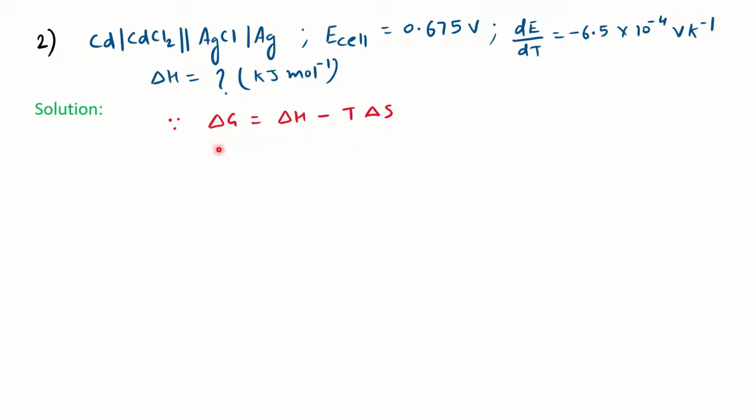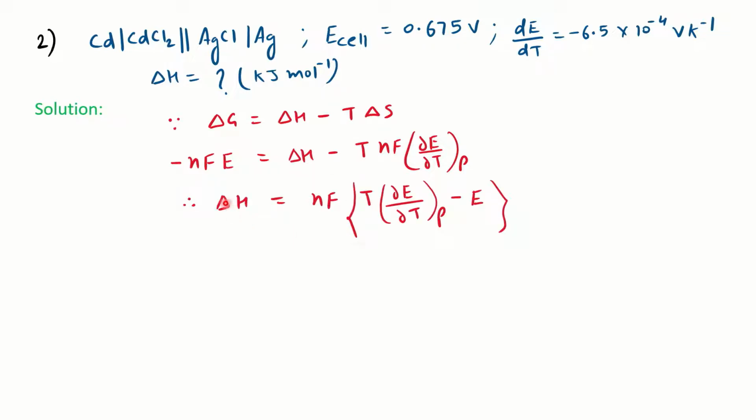And if you are familiar with the term of free energy, which is minus nFE, and the entropy equation, which is del S is equal to nF dE divided by dT at constant pressure, where F is the Faraday, n is the number of electrons, then you can rearrange the equation and calculate del H. So finally you can arrive at this formula for del H.